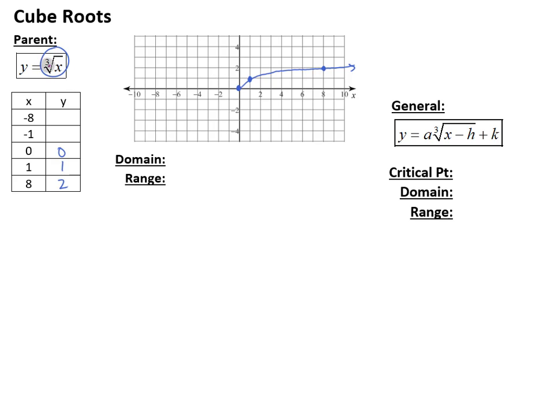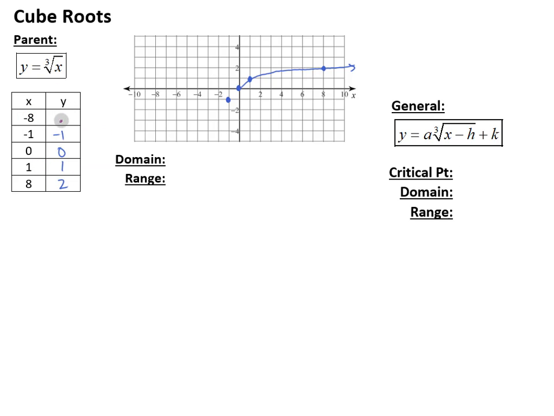However, cubed roots can also have negative numbers under the radical. For instance, negative 1 times itself 3 times is equal to negative 1. So the cubed root of negative 1 is negative 1. Likewise, what times itself 3 times is negative 8?